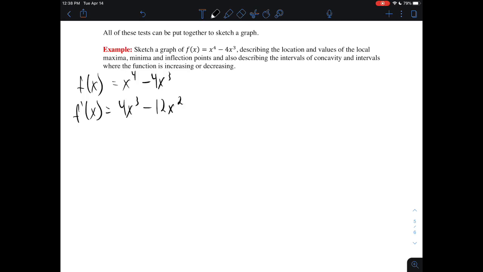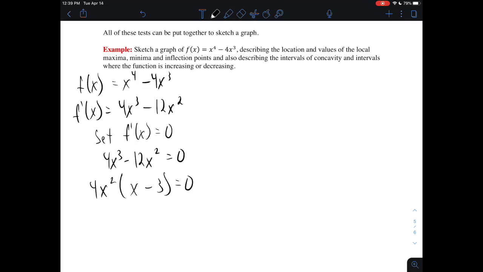And then we need to find the critical numbers for f of x just based off of the first derivative. So I set f prime of x equal to 0, and I can factor and get 4x squared times x minus 3, which means that x equals 0 and x equals 3 are my critical numbers.